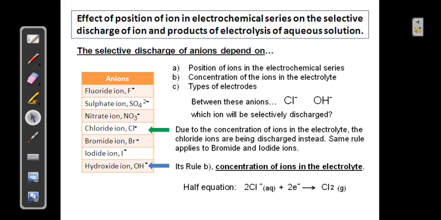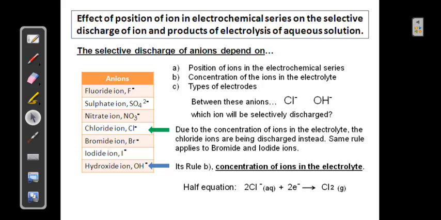So the half equation will be 2Cl- at the anode, when they give off 2 electrons, since they have 2 less electrons, sorry, beg your pardon.